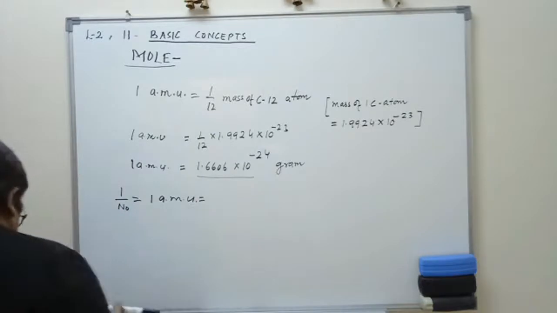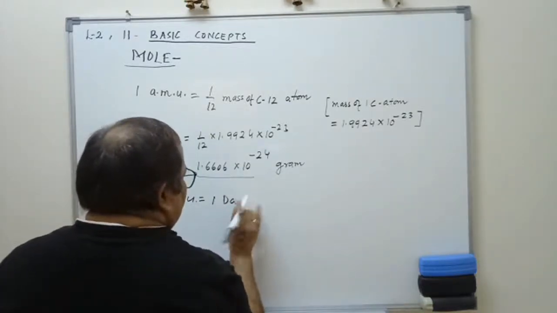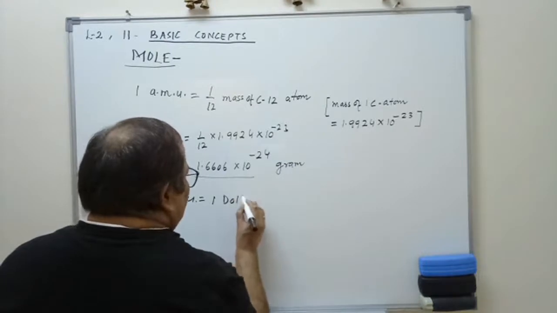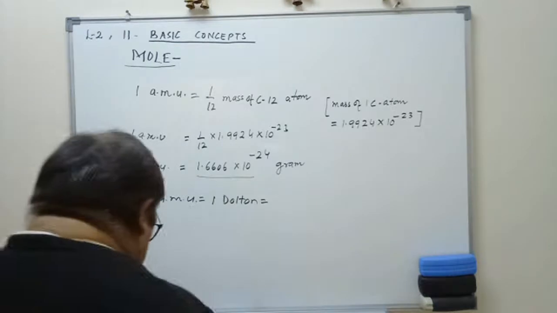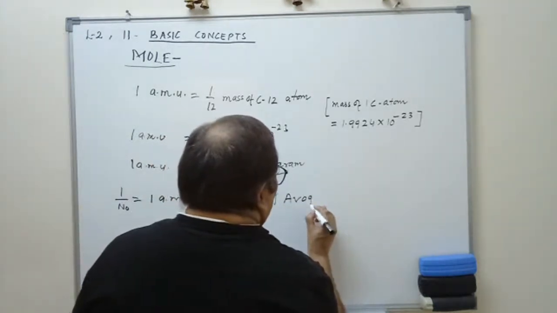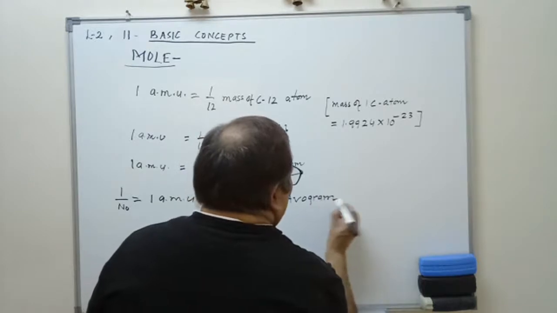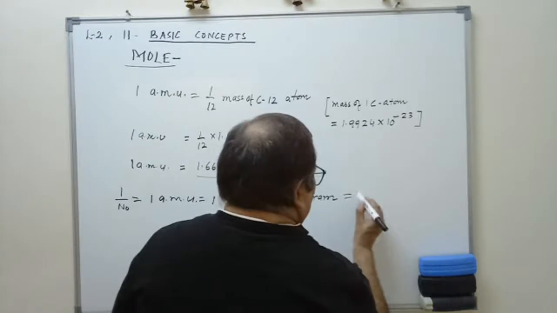Sometimes this is termed as 1 Dalton. This is also termed as 1 Avogram. Also, this is termed as 1 Aston.